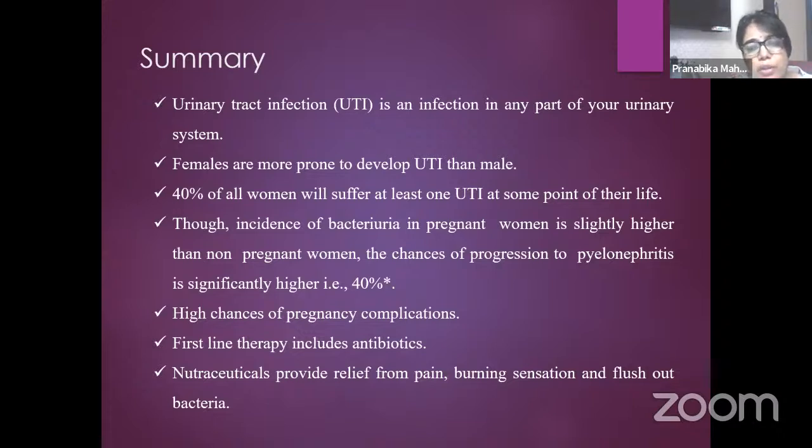High chances of pregnancy complications are there. First-line therapy includes antibiotics. Nutraceuticals provide relief from pain and burning sensation, and flush out the bacteria. And we can also buy time. By the time we get the report of urine culture, we can use these nutraceuticals so that she is comfortable till her culture report comes, and we give only one antibiotic.